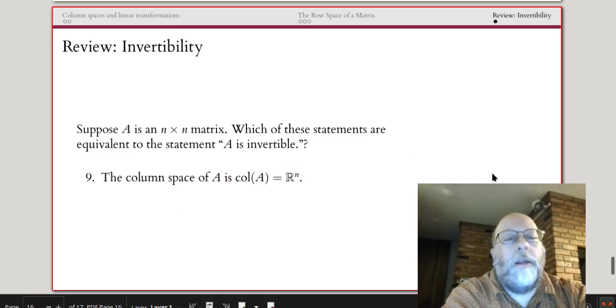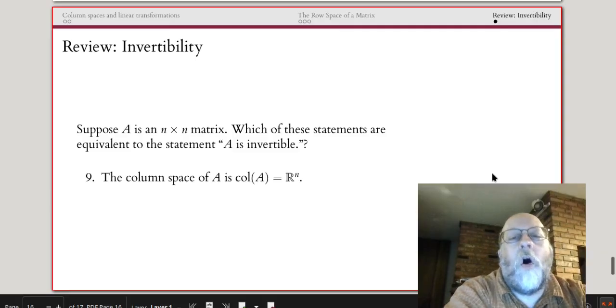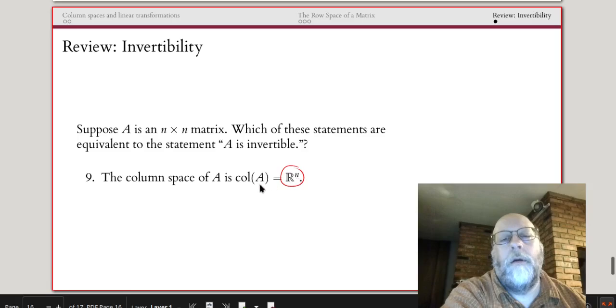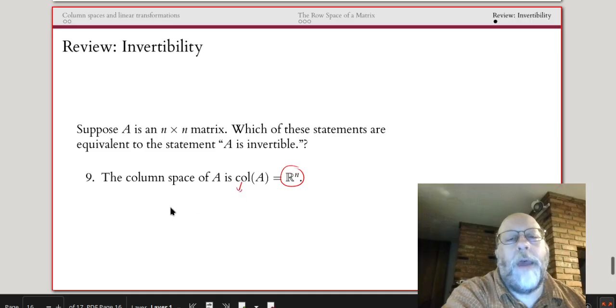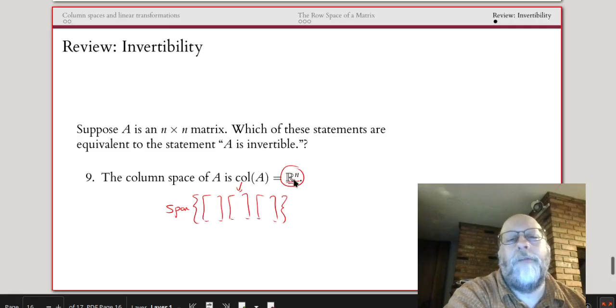All right, number 9, the column space of A is all of Rn. Well, we know that the column space is the span of the columns. And if that span is equal to Rn, in other words, if the set of vectors in A is a spanning set for all of Rn, then that tells us that there is a pivot in every row.